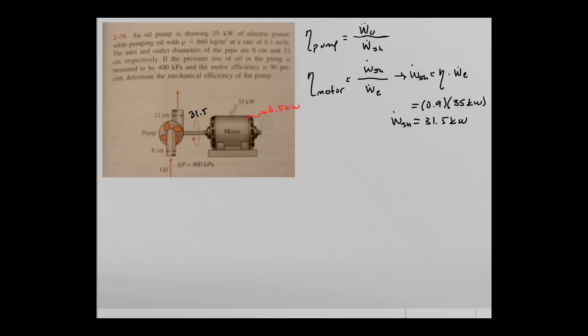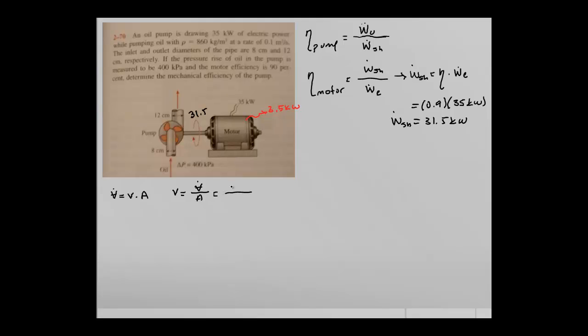Okay, so next we need to compute this useful work. What is the work that we are giving to the fluid? Since we can anticipate that we have a change of velocity because of the change of areas, we can compute that velocity. If we remember that the volumetric flow rate is equal to the velocity times the area, since this is constant, each velocity will be the volumetric flow rate divided by area.